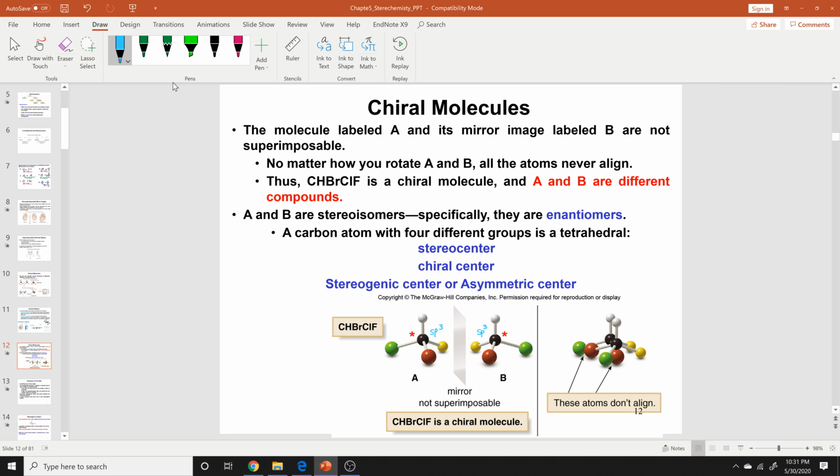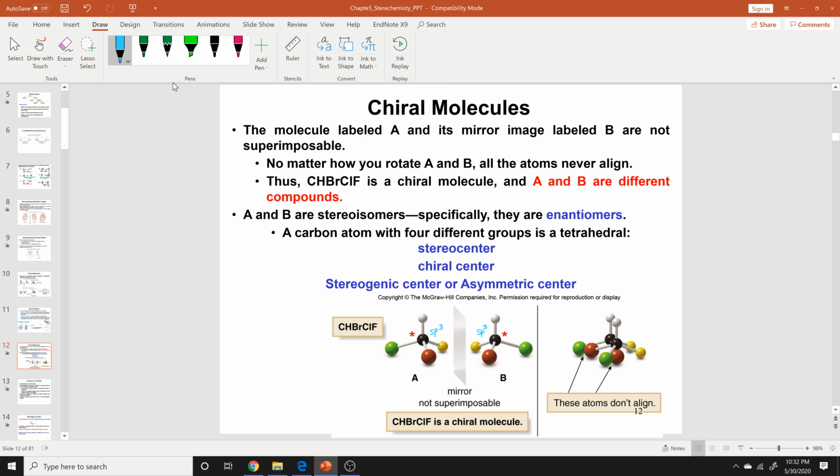This means that this is a chiral center. It has four different groups around it. Another name for that chiral center is the stereocenter. It's called the stereogenic center. It's an asymmetric center. So you're going to see all of those names in your homework. Just know that we're talking about a center that has four different groups around it.